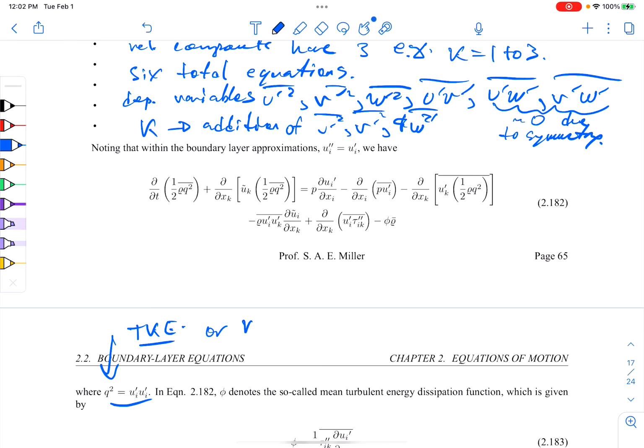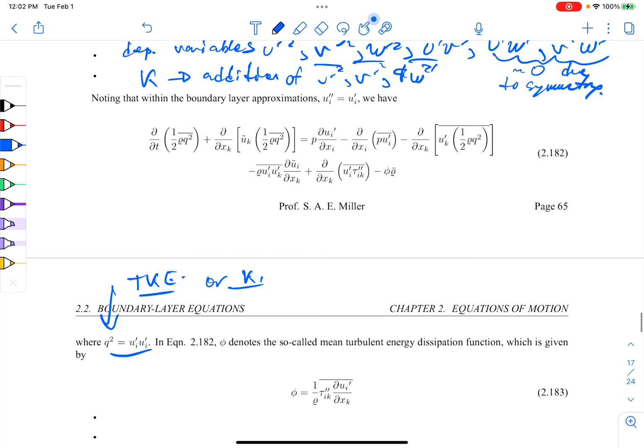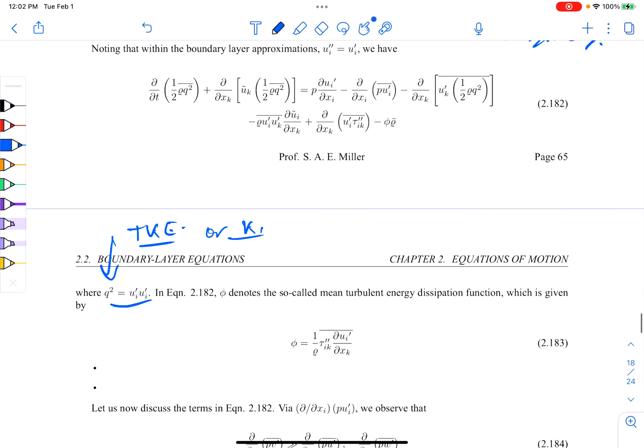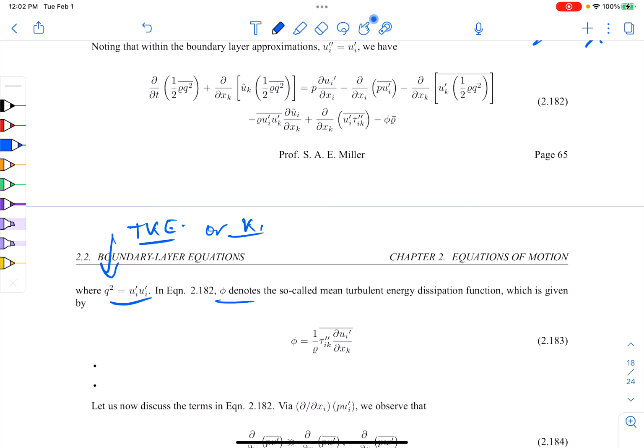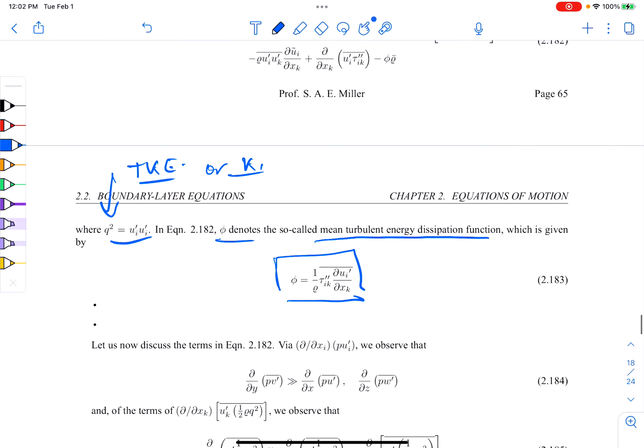Sometimes we call it k. Later, a lot of the papers just call it k or TKE. A lot of the papers I've written, I wrote capital TKE. And some people call it q. So it just depends on the person you deal with, I guess. And we'll also define a new variable called phi, and we'll call that the mean turbulent energy dissipation function. And this will be defined in 2.183.